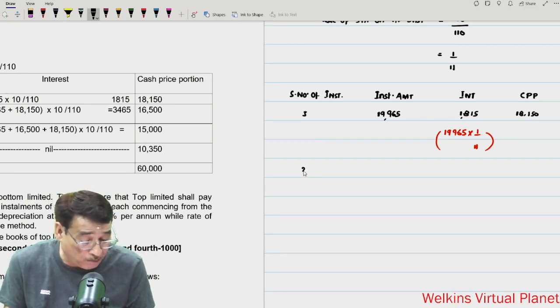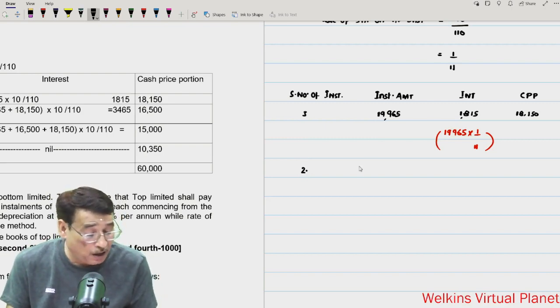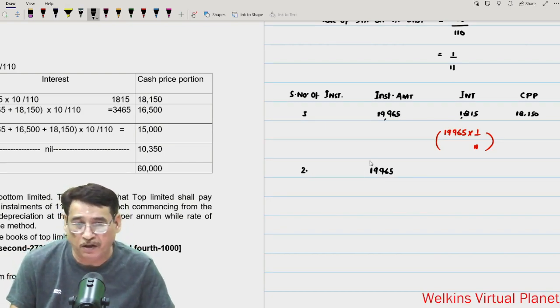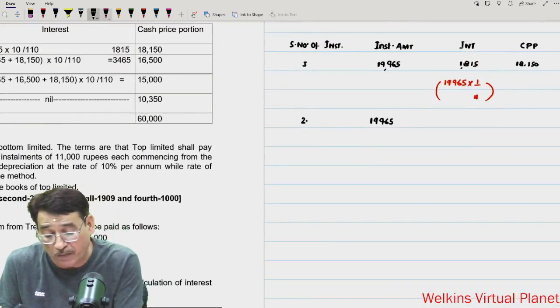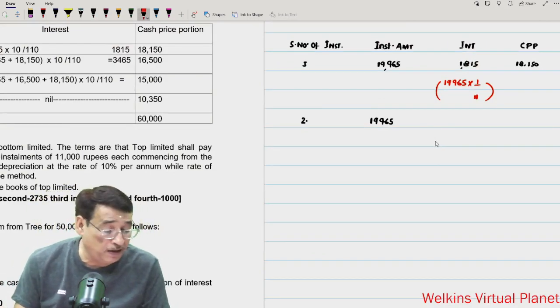Now we will come over to second installment. We have to move in reverse. Now amount of second installment is also 19,965. But when you will compute the interest on this installment, how will you do so? See here what I am doing.